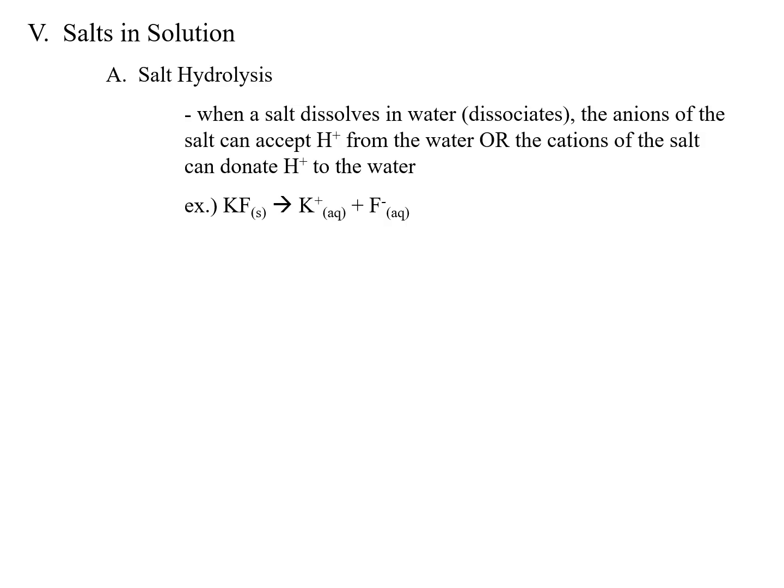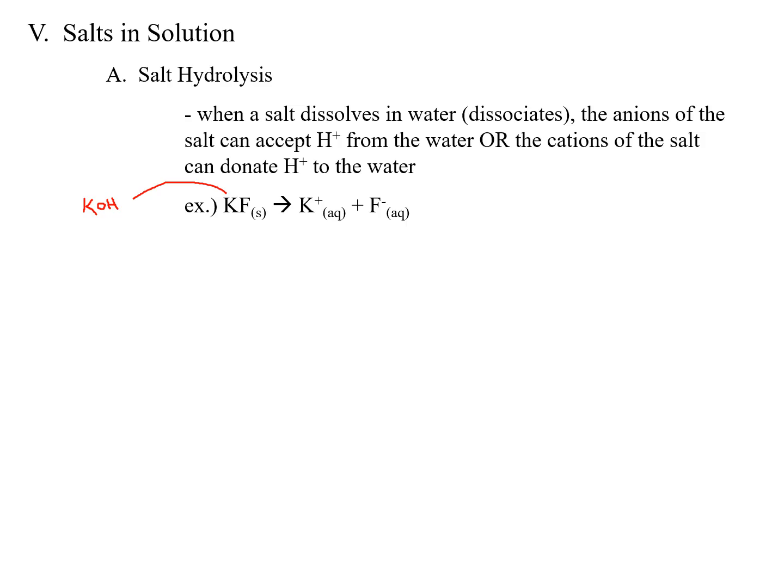The K positive would have originally come from KOH. So the K here would have come from a base, KOH. And if you remember your strong acids and bases, KOH is one of our strong bases. So the conjugate of KOH is K positive.